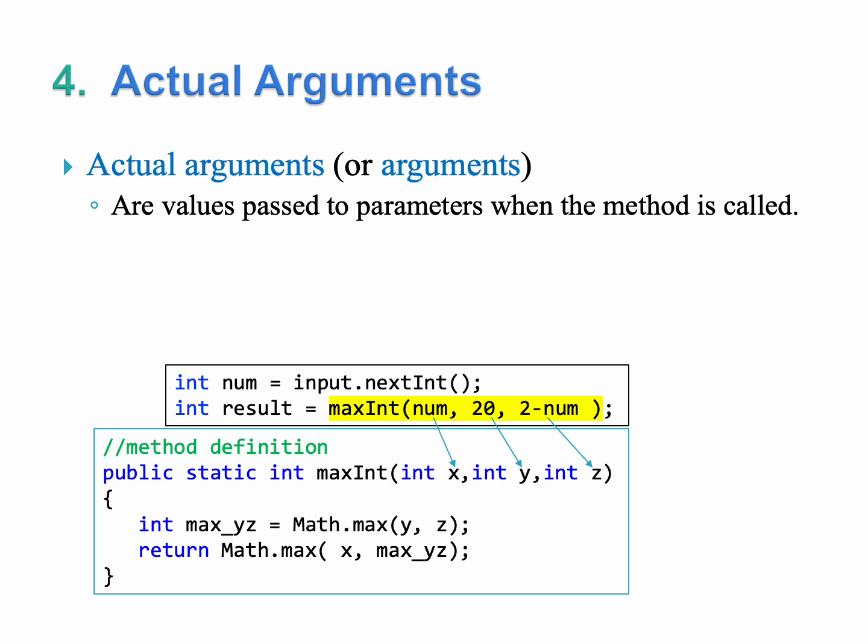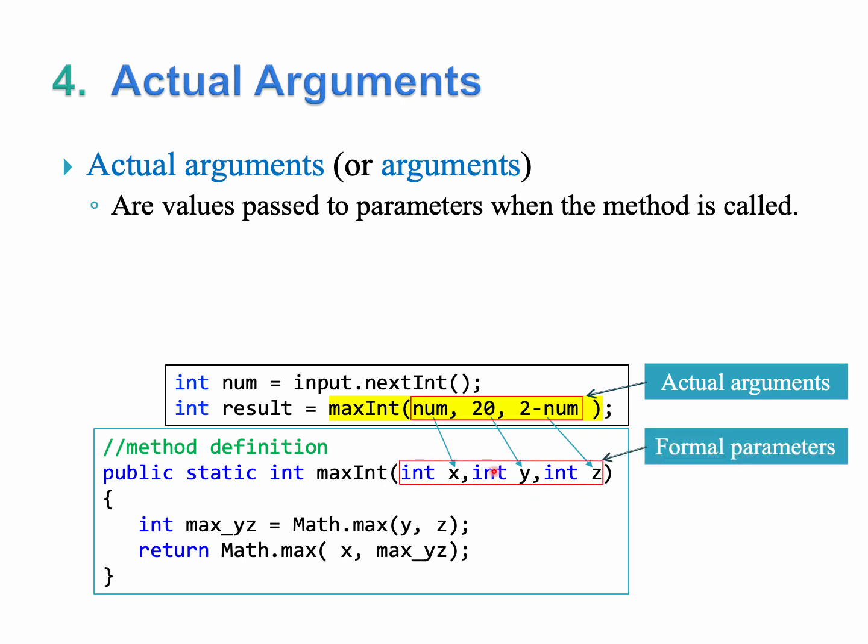When you make a method call, you have to provide actual arguments, or just arguments, which are values passed to the method's parameters. Recall that parameters, or formal parameters, are placeholders in the method definition, more specifically in the method header.